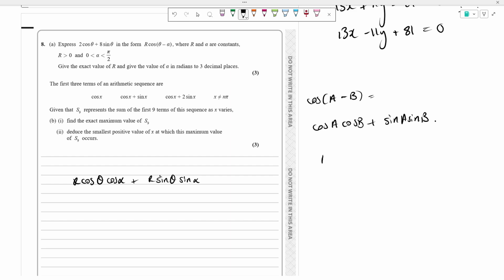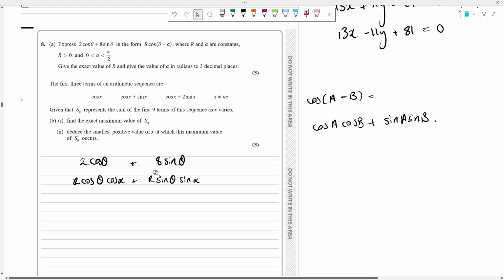Okay, just by putting R cos of theta minus alpha into here, you can derive this part here. Okay, what I'm going to do is, above this equation, I'm going to write this down here. So this ends up with 2 cos theta plus 8 sin theta. And now I'm going to compare.